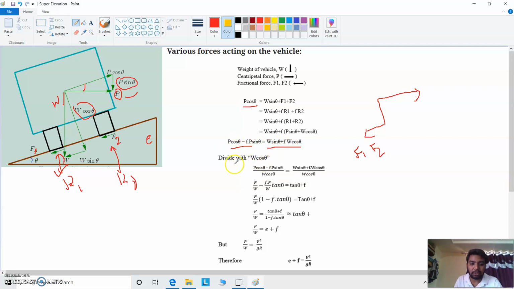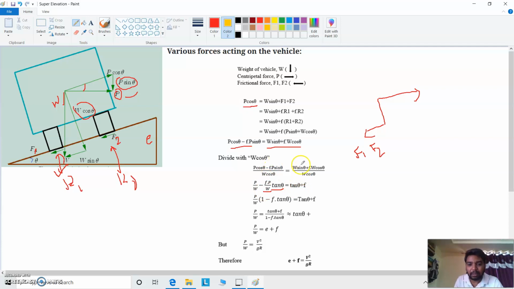Once rearranged, we divide by W cos theta, and we get P by W, because cos theta cancels, minus F P sin theta by W cos theta, where sin by cos will be tan theta, right? And F P by W will remain over here.